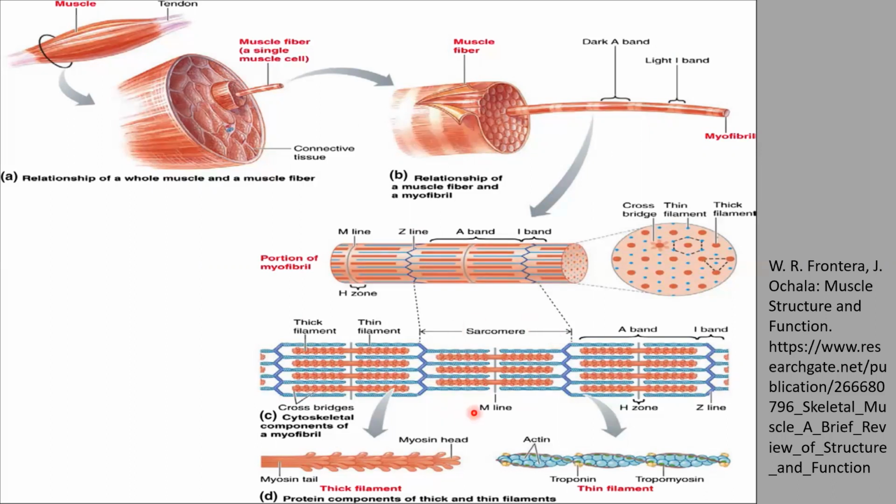It contains the thick filament, thin filament, and the A band and I band, dark band and light band. It gives the striation of the skeletal muscle fiber. The actin filament contains actin, troponin, and tropomyosin. When calcium binds with troponin, it causes a conformational change of tropomyosin, the active sites are exposed, and muscle contraction begins. So this is about the skeletal muscle structure.